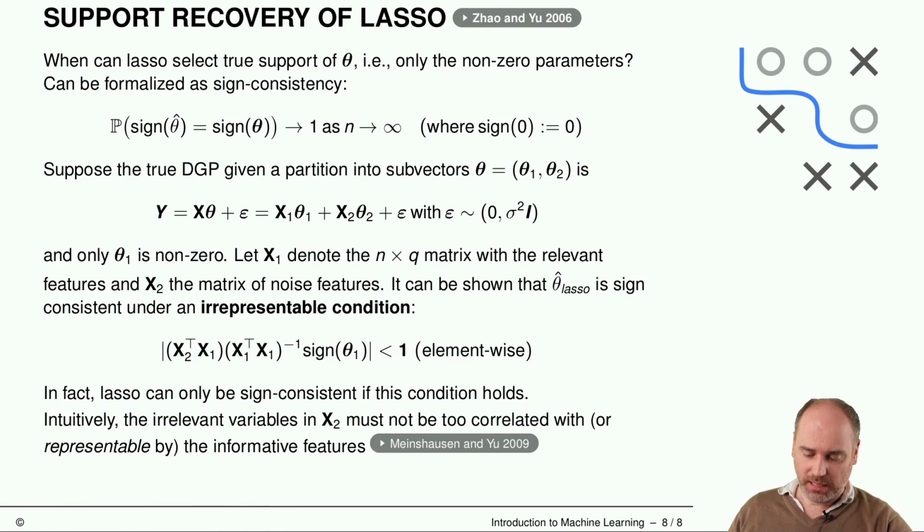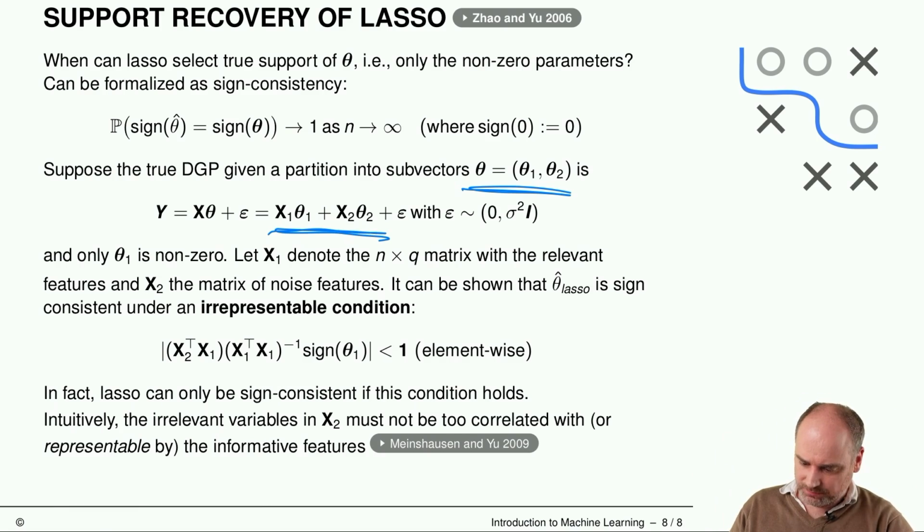Okay, and one way we can analyze that is by looking at a data generating process where we consider a certain partition of our parameter space. So we now assume that there are two parts, theta 1 and theta 2. They are not scalars, they are subvectors: the first part of theta and the second part.